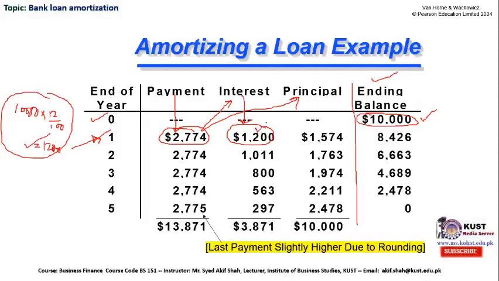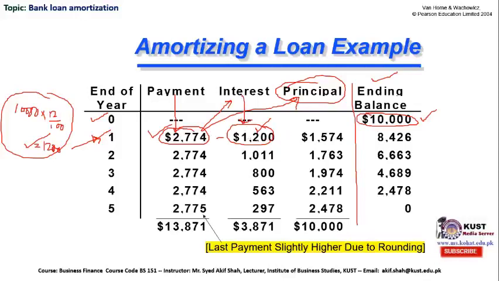So after calculating interest by applying the rate on your remaining balance, things get easier for you to find out the principal amount you have paid in your first year payment. So now it's very simple to calculate the principal amount. The total number of dollars at the end of the year you are going to pay to the bank is $2,774, out of which you have paid $1,200 as interest expense.